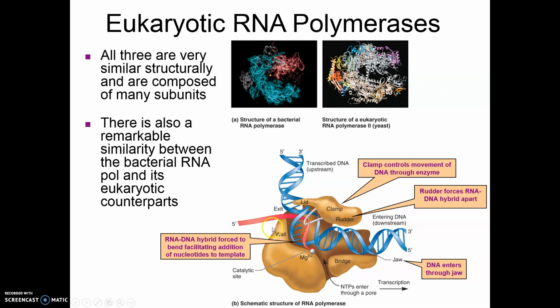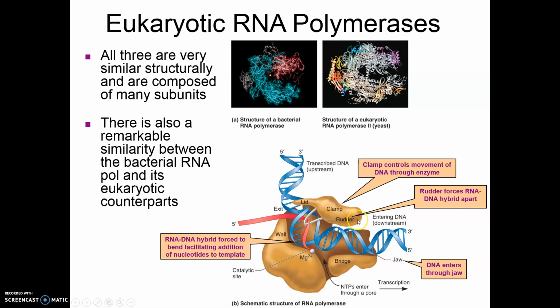So we have a base wall that houses a catalytic site with a magnesium ion. There's this area called the bridge, and there's a pore for nucleotides to come through. There's a clamp. This has that thumb and finger thing that we see with DNA polymerase.